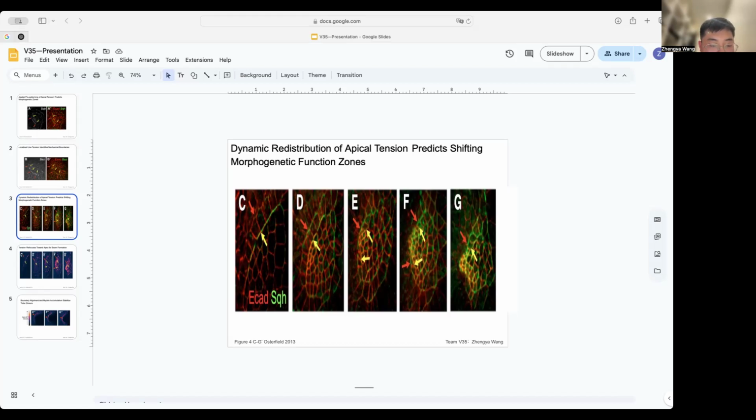This dynamic redistribution suggests that apical tension is not static. Instead, it is redirected as the morphogenesis process progresses. The shifting location of tension likely guides the sequential steps of bending, cell intercalation, and sealing.